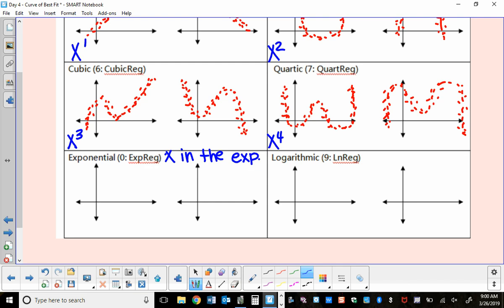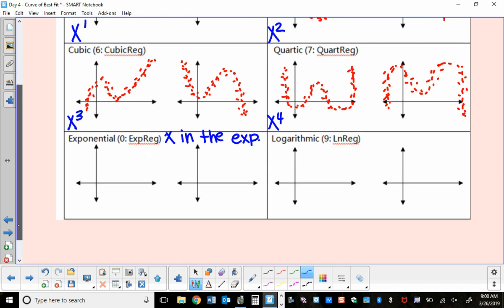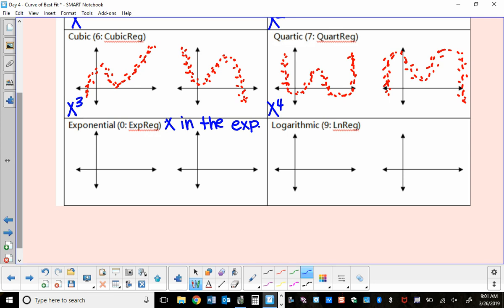What type of asymptote do I have? Horizontal or vertical? Thank you. Horizontal. So that means if my asymptote looks like this, my data set could look like that. Or it could look like that. I get really close to my asymptote, but I don't touch it.